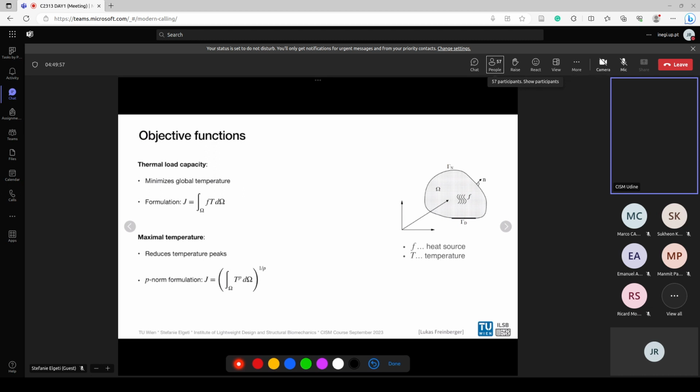So thermal load capacity, we want to minimize the global temperature. So we have some heat source F and the corresponding temperature, basically like the compliance that we had before, or we can look at maximal temperature, again, probably not in the formulation using the maximum function.